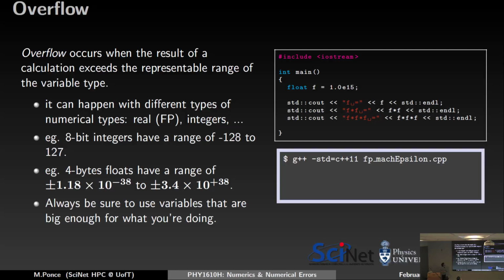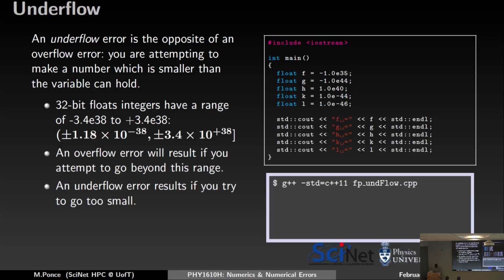You can see these examples are quite simple. You get a particular value, either close to or far away from the limits, and then you start to see these things. In this case, there is an infinity, so you know for sure something went wrong there.